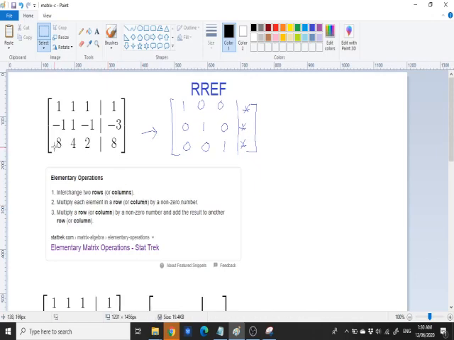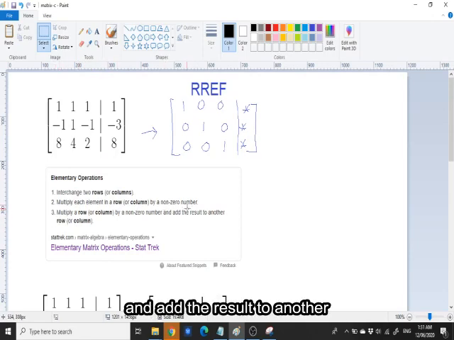For example, if you want to make this entry 1, you can divide all the entries in this row by 8, so that the entry becomes 1. Third, you can multiply a row by a non-zero number and add the result to another row.